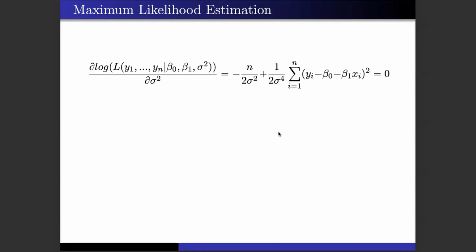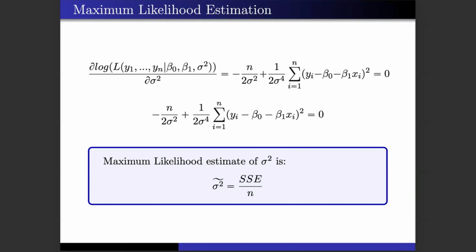When we set it equal to 0, this is what we get: negative n divided by 2 sigma square plus 1 divided by 2 sigma to the power 4 summation yi minus beta naught minus beta 1 xi whole square is equal to 0. And we have the maximum likelihood estimate of sigma square is equal to SSE divided by n. And we denote this estimate by sigma square tilde.